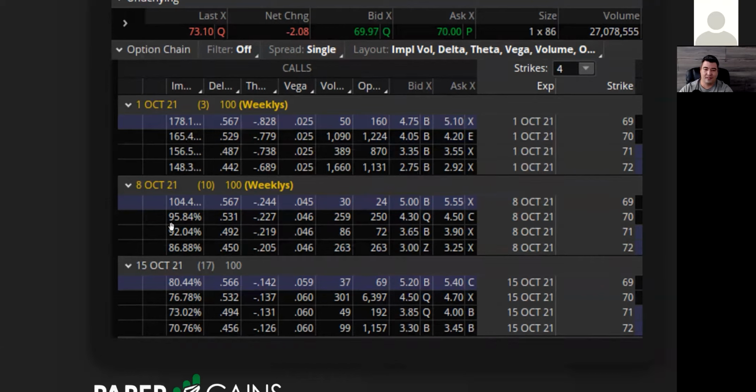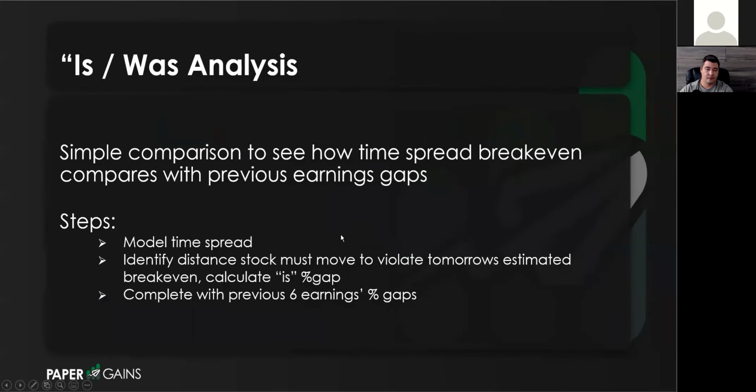Some strikes will have like a 100% volatility crush: if it's 160% IV, it'll end at 60% IV. So we're going to drop this IV by about 100 points. That happens pretty often, and that is what we're going to use. So we're going to model basically that time spread.